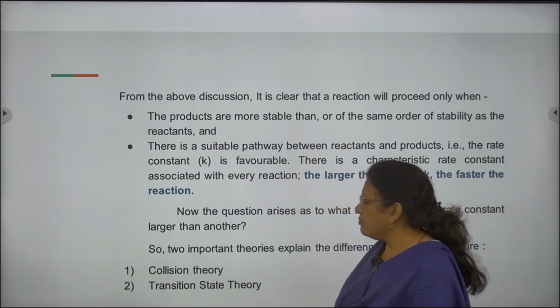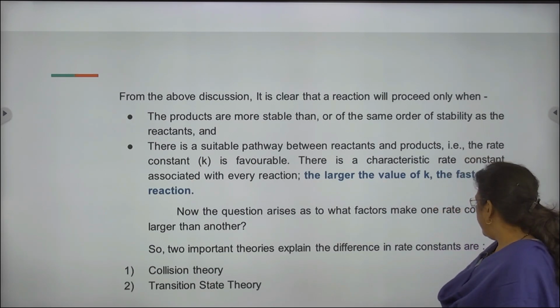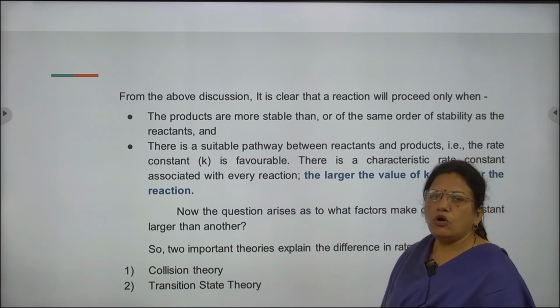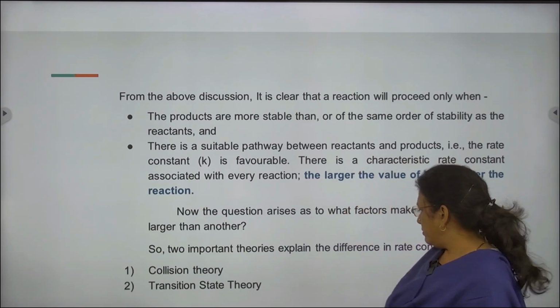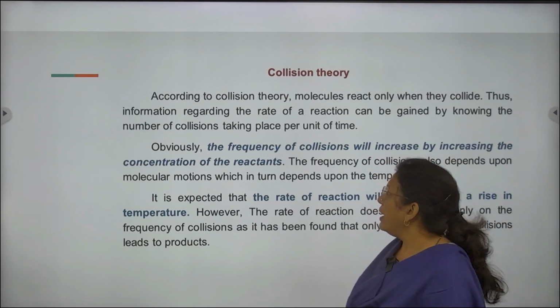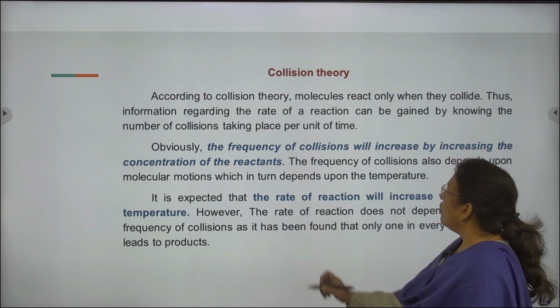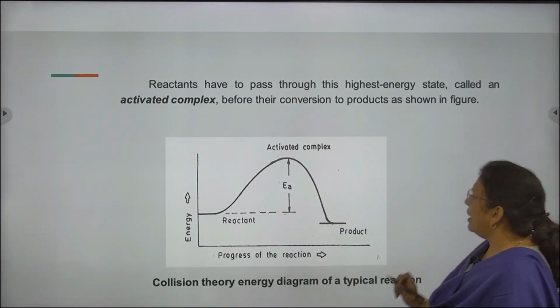Two important theories explain the difference in rate constants: collision theory and transition state theory. Now, collision theory. According to collision theory, molecules react only when they collide.